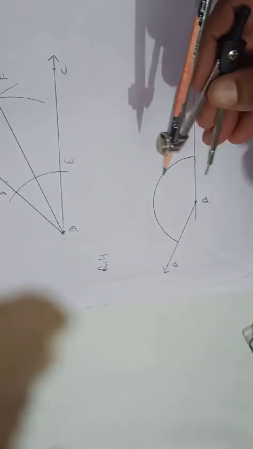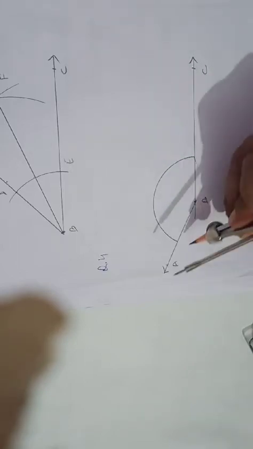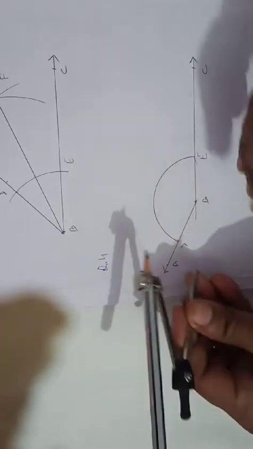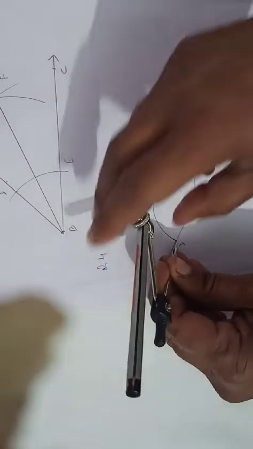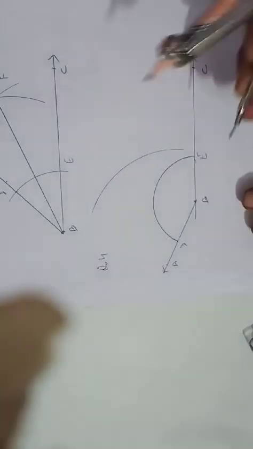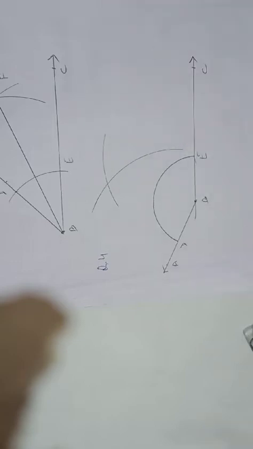Mark the arc keeping the compass at B at the points D and E. Okay, D as center, mark the arc. E as center with the same radius, mark another arc.